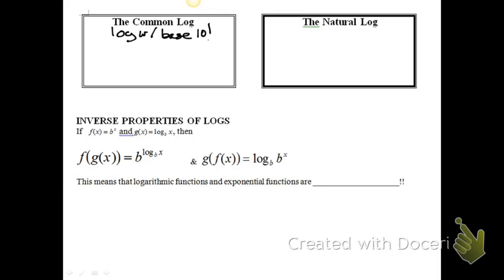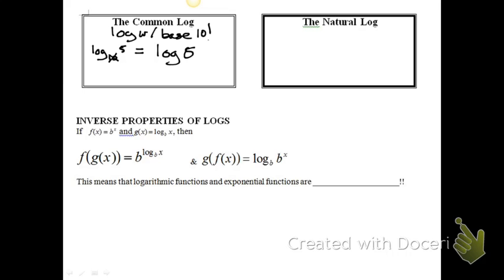So from here on forward, you'll never, ever see in a textbook or me write log base 10 of, let's say, 5. If I wanted to write log base 10 of 5, all I need to write is log of 5.